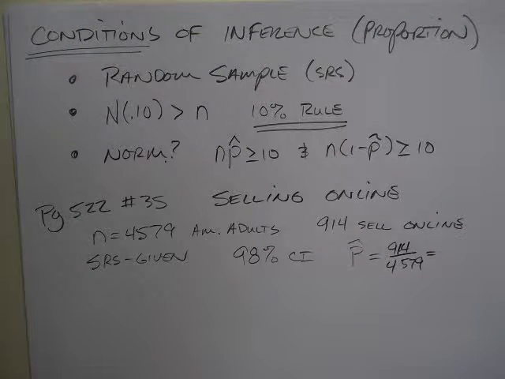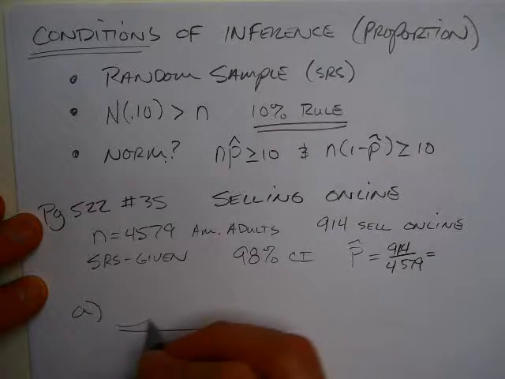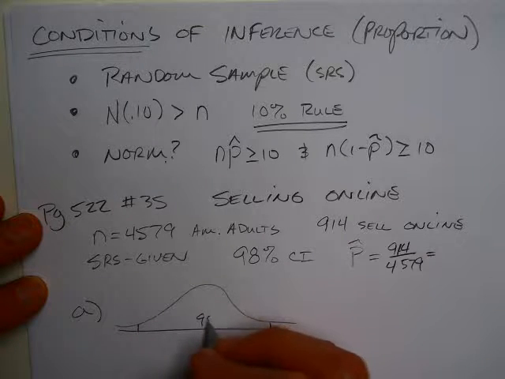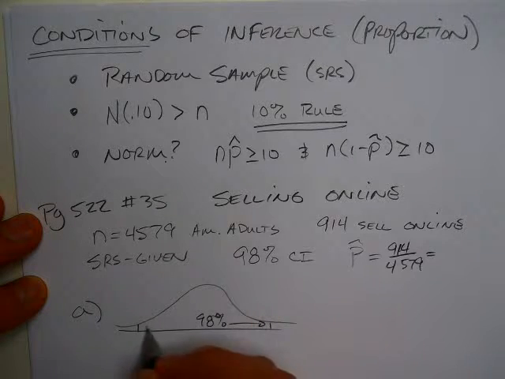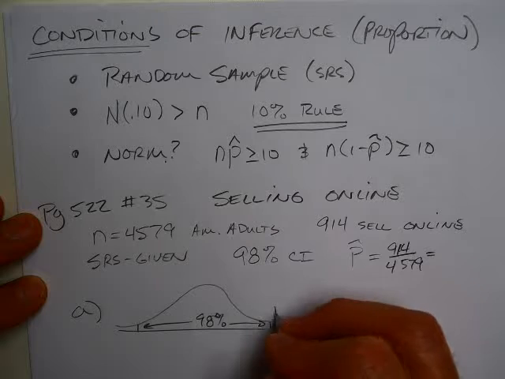So where am I at here? Right, determine the critical values for a 98% confidence interval. So what you need to do for a 98% confidence interval, I think it makes sense to just do a quick drawing. If I've got 98% in the middle, how much is in each tail? 1%, good.